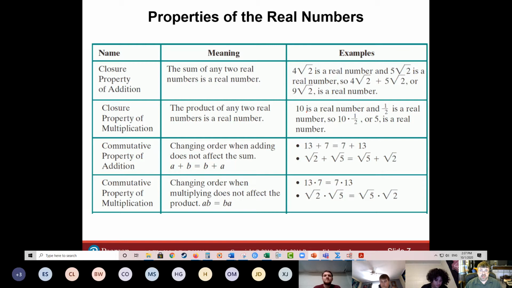The distance doesn't change, even though the point you started from changes, because you're going from one destination to the other. It's the same thing for numbers when we add or multiply. The order does make a difference in subtraction. But when we add or multiply real numbers, the order doesn't matter. We can multiply or add in any order we want.